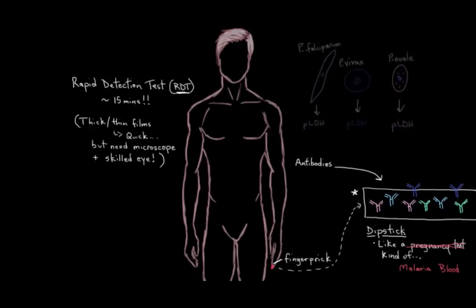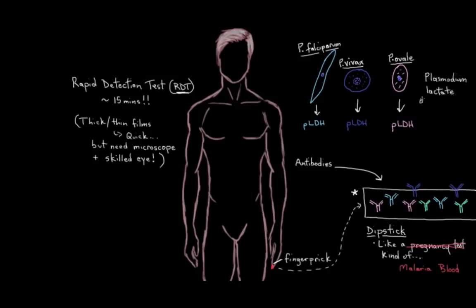But in any case, the dipstick also looks for something else. Each subtype of plasmodium produces a slightly different version of an enzyme that they all have, called plasmodium lactate dehydrogenase, or PLDH. So this is an enzyme that helps the plasmodium make energy to do all of its dirty work.